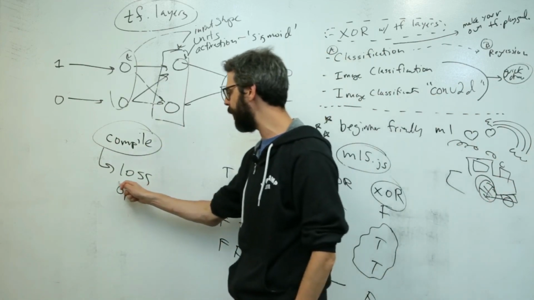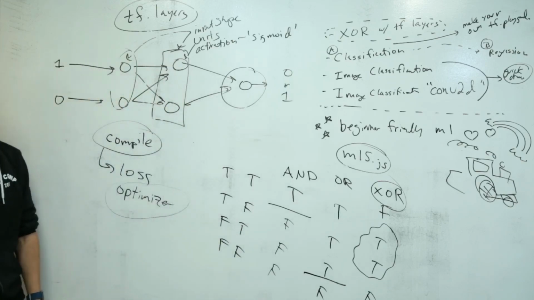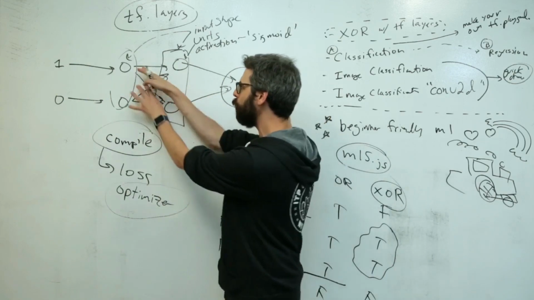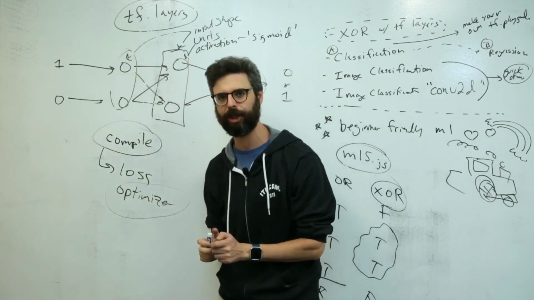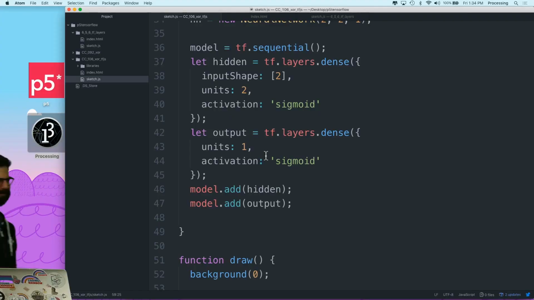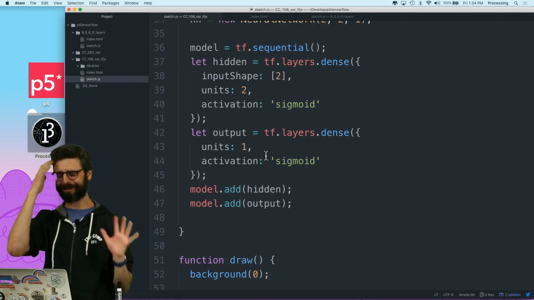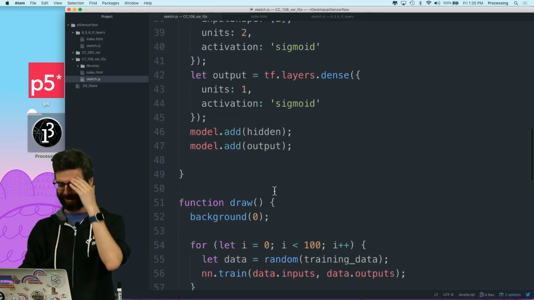And then an optimizer is what sort of algorithm I'm using to adjust all of the weights of all these connections according to the loss function itself. So I need to define those things. I forgot how. I know it's in the thing I made last week, but this stuff just isn't sticking. So let me try to type it out how I think it is, and then we'll go check.